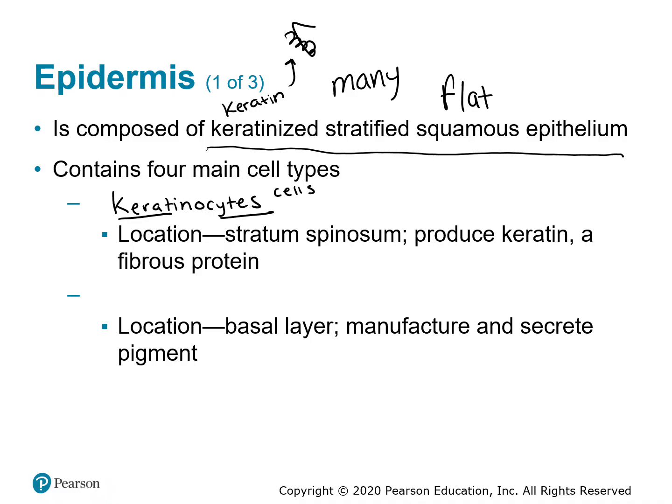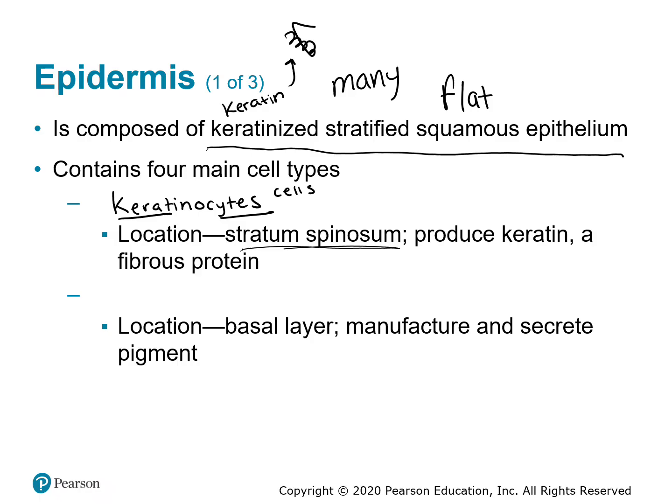They produce keratin, a fibrous protein. This is all information that you have already heard, okay? So keratinocytes are cell type number 1. You're going to find those in the stratum spinosum. That is one of the 5 layers of the skin. And we'll go into all of the layers as well, so don't get too scared, okay?